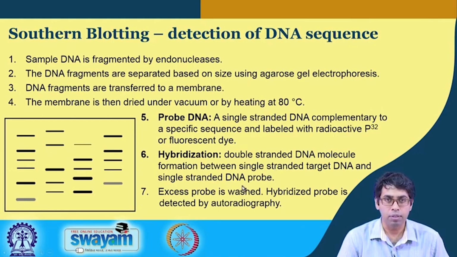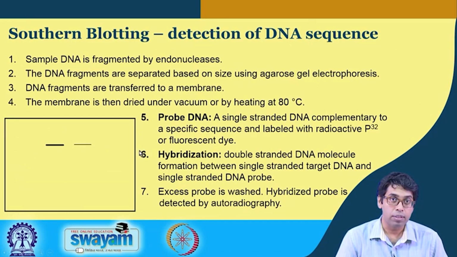Now the membrane is washed extensively so that any unbound probe DNA is removed. Only the hybridized DNA stays stuck to the membrane, and then we can visualize them using autoradiography if the label is radioactive, or by the fluorescence of the dye.